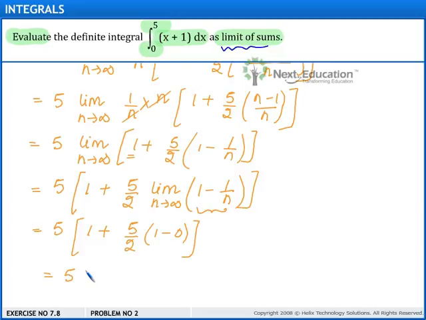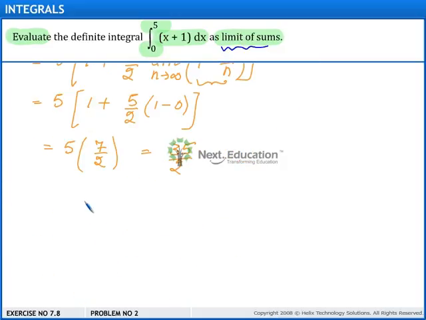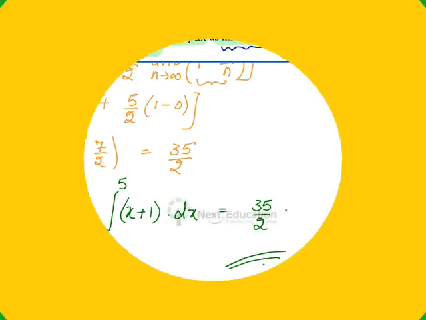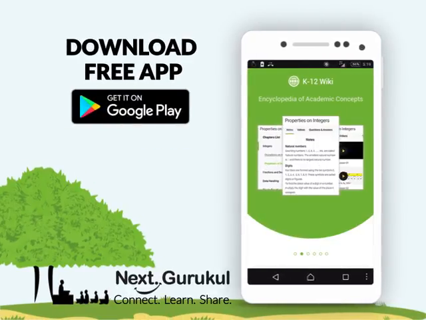And this is equal to 5 into (1 plus 5 upon 2), that gives 7 upon 2, and this is equal to 35 upon 2. Therefore, the integral of x plus 1 into dx from 0 to 5 is equal to 35 upon 2. This completes the solution.